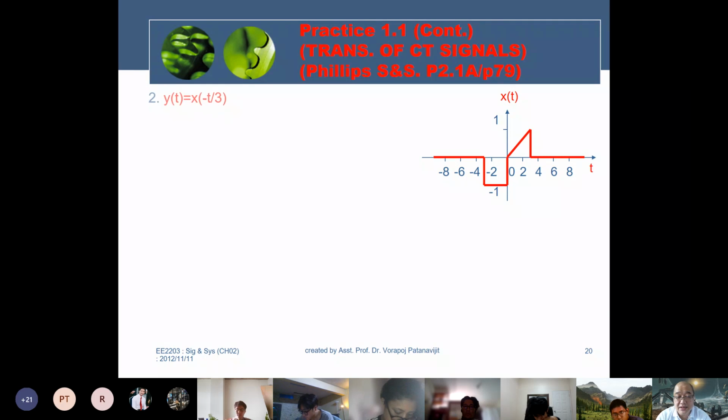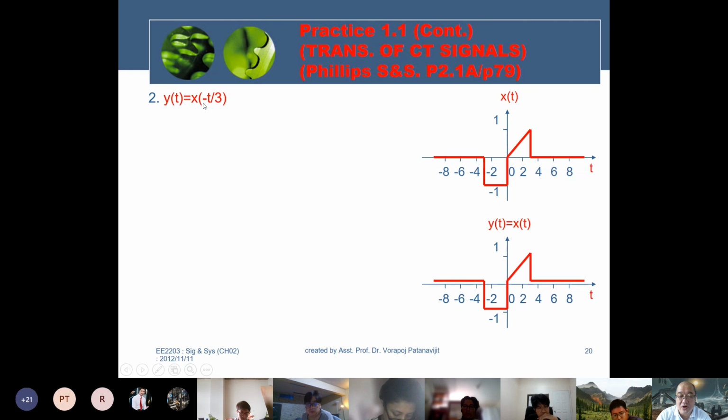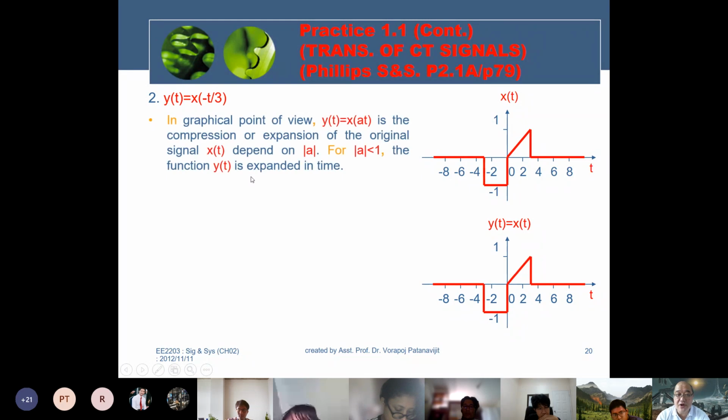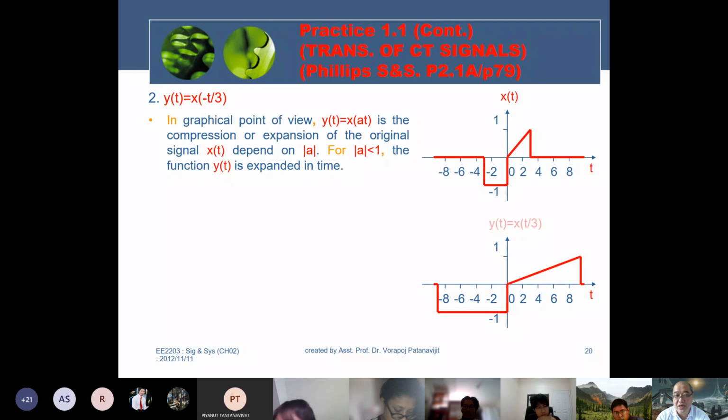The second sub question is here, x(-t/3). Minus represents time reversal. Divide by 3 represents time scaling. From the graphical point of view, you must take the time scaling first. y(t) equal to x(at) is the compression or the expansion of the original signal x(t) depending on the absolute value of a.